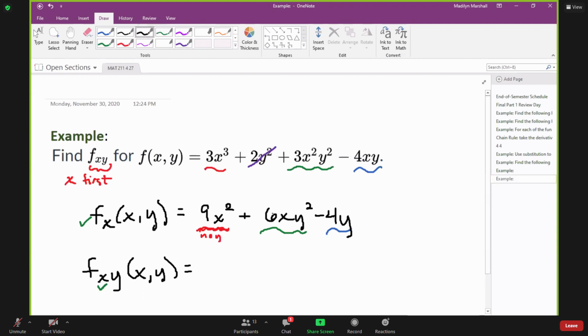The next term, 6xy squared. So we can think of it as just 6x first, so those two things aren't changing. The y squared gets its derivative taken, so that 2 would come down, and the power of the y goes down by 1. And the 4 would be the only thing left for the last term.